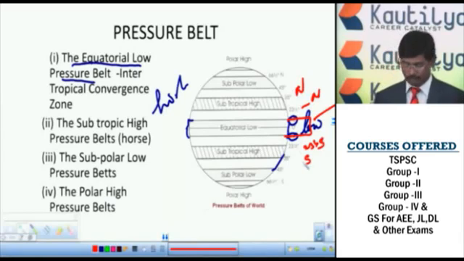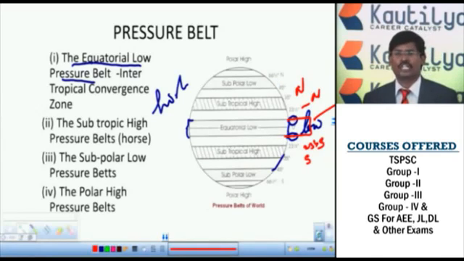Means we have two different ones: northern subtropical high pressure belts and southern subtropical high pressure belts, in the northern hemisphere and southern hemisphere, extending 23.5 degrees to 35 degrees north and south.